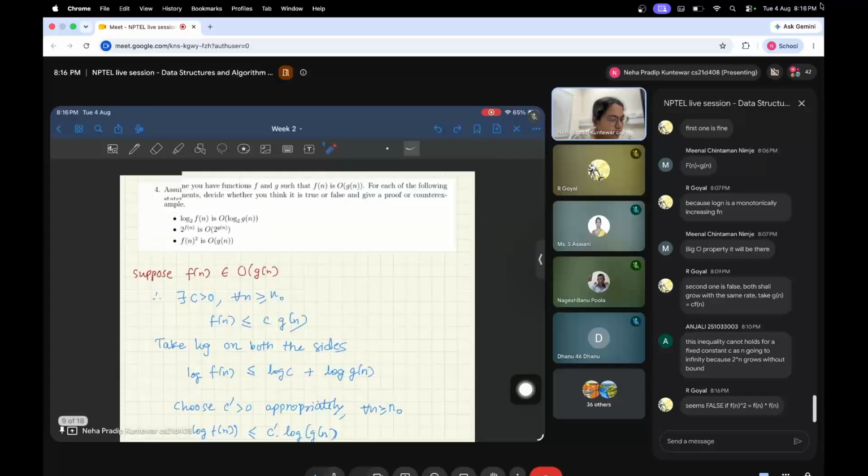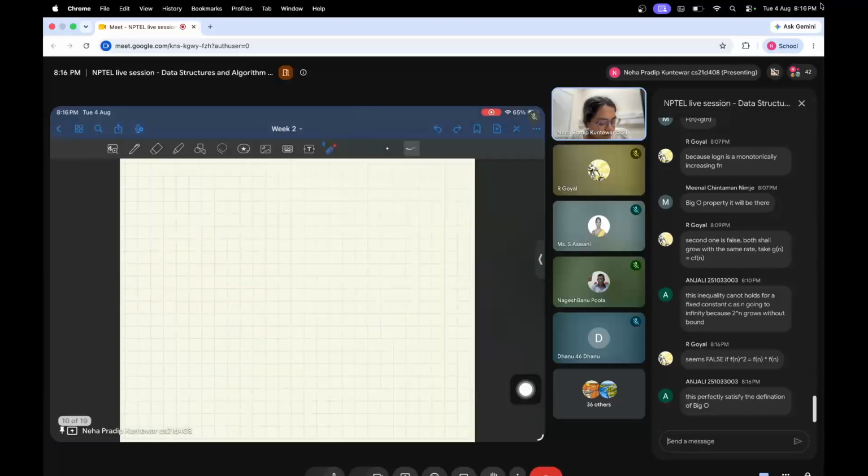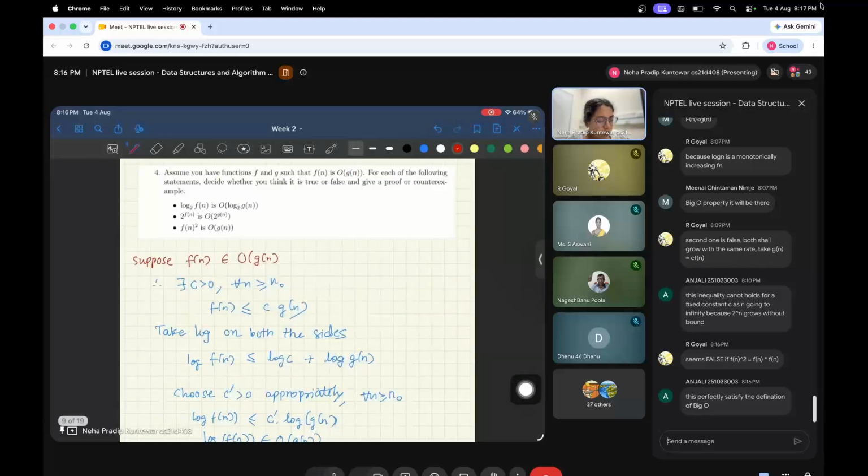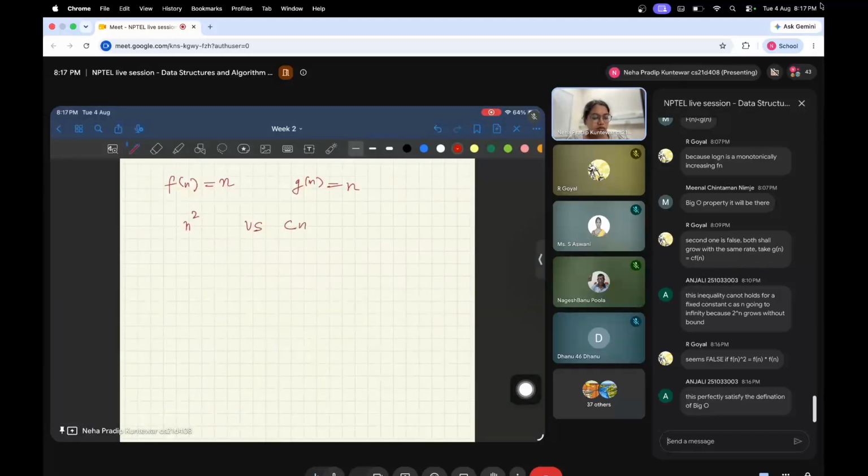Okay. So if you take f of n to be n, and let's say g of n is also n, then you are comparing n square versus c times n. So this is larger, so you'll have that f of n square is omega of g of n. But is this always true no matter what f or g you take? Can I take some other example and find that this is not like little omega?